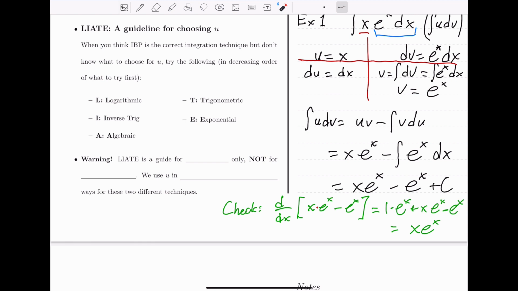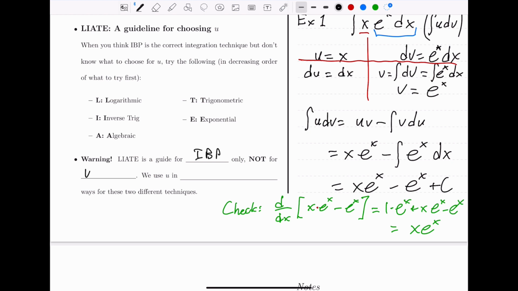All right, something we want to be careful about here. We use the variable name u for integration by parts, and we also used the same variable name when we did substitution. These two u's for integration by substitution and for integration by parts are completely different concepts. This LIATE is a guide for integration by parts only.